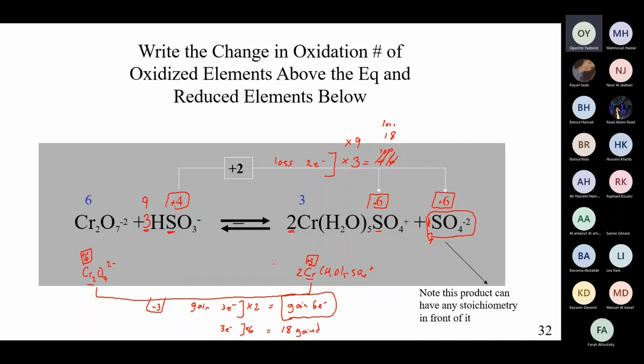Anyways, the net reaction, you will make sure, but the balancing is up to you. You have to make sure that the number of electrons lost equals the number of electrons gained, and there's always a single compound you can play with.